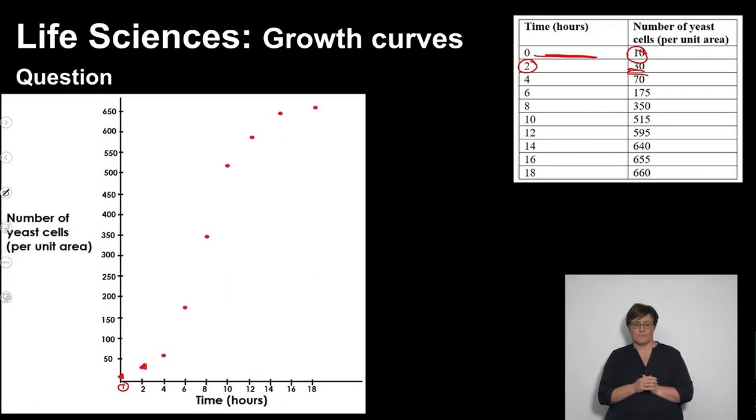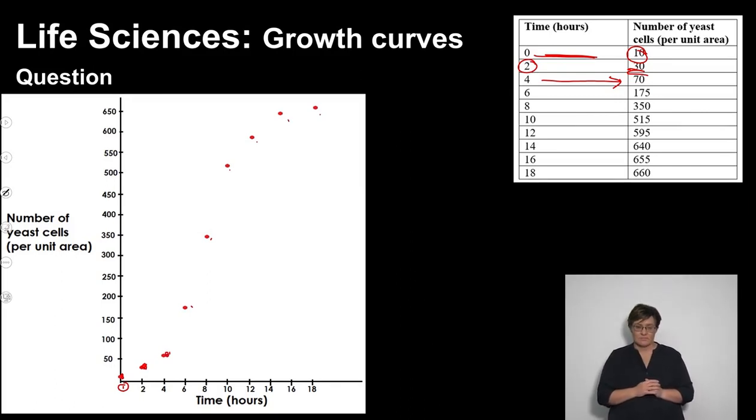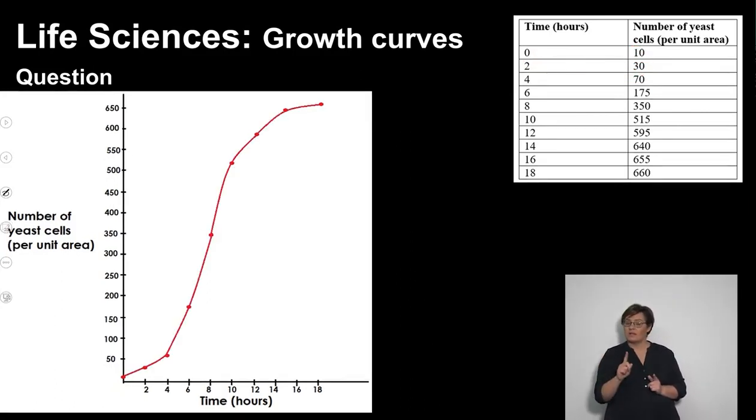There's our little mark. At 4 hours, we were up at 70. And so on. We're going to plot each individual point. And the next logical step is now to draw a smooth line joining the points.